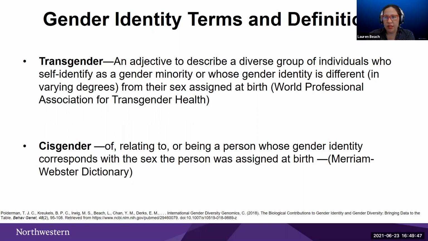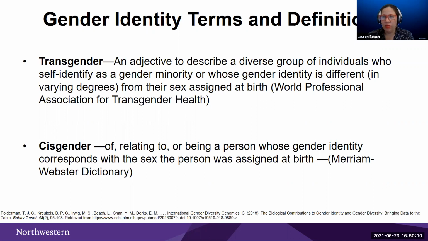Cisgender, in contrast, relates to a person whose gender identity corresponds to the sex they were assigned at birth. So there's no difference between your gender and your sex at birth if you're cis, and there is a difference if you're trans. Then there's also a question of whether or not you identify as transgender, because the transgender identity is different than meeting this definition.